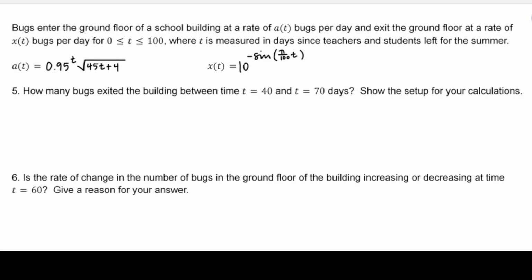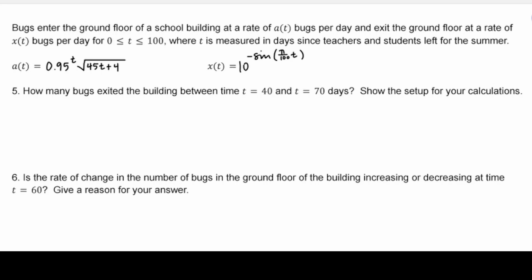I feel kind of regretful that I didn't do that on the other form, because had I restricted x of t to 30 to 100 like it was supposed to be, that one had an offset time where the bug started dying. I kind of made an error, and it would have caught that error. It would have said undefined, because I would try to integrate a place where x of t really didn't exist. Okay, but too late for that now. I just remembered that as I was typing in those functions.